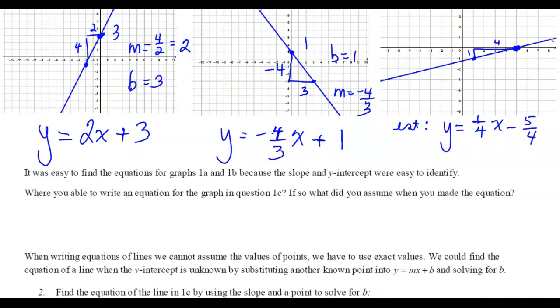It says it was easy to find the equations for 1a and b because the slope and y-intercept were easy to identify. Were you able to write an equation for the graph in 1c? Well, yes, but we had to estimate the y-intercept.